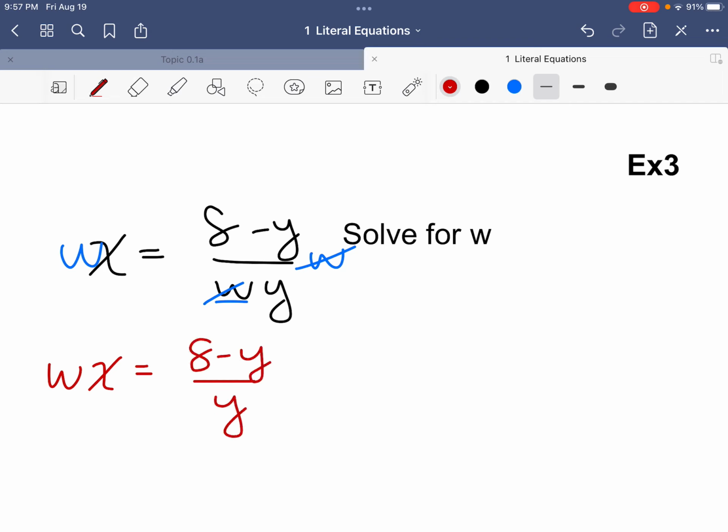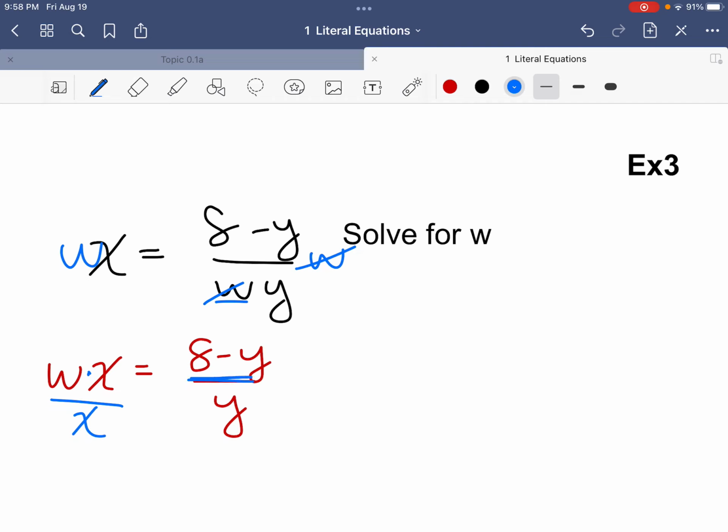We do not like denominators. We don't like W in the denominator, so now it's on the other side of the equation. Well, it turns out that the only thing left to do is to get rid of this X over here, and that X is being multiplied. At this point, we should be pretty confident that the inverse of multiplying is dividing. Now, when I divide X to the other side of the equation, there's no need to draw another fraction bar.